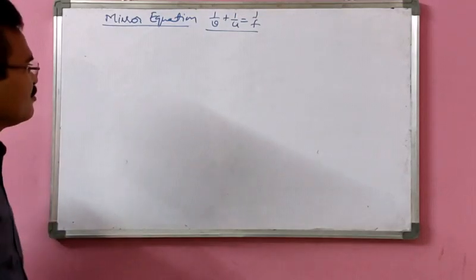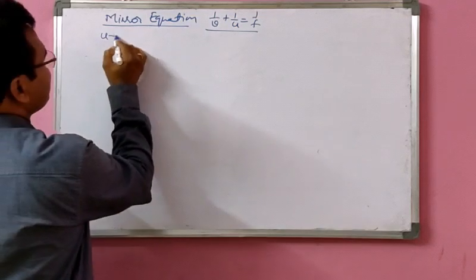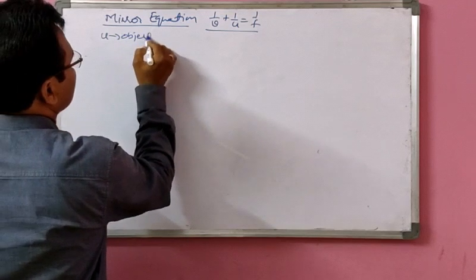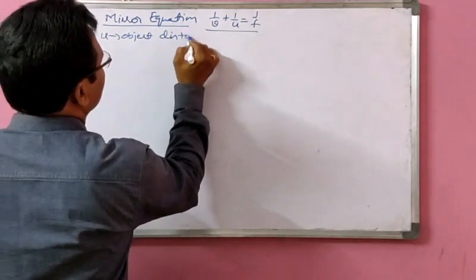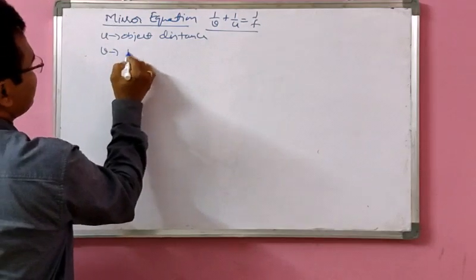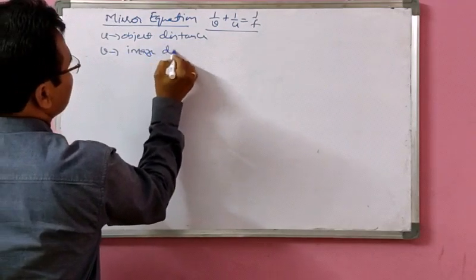This is the mirror equation, where u is called the object distance and v is called the image distance.